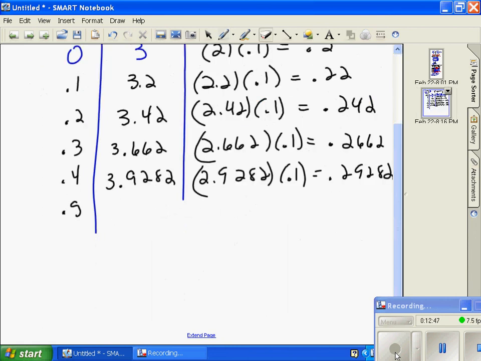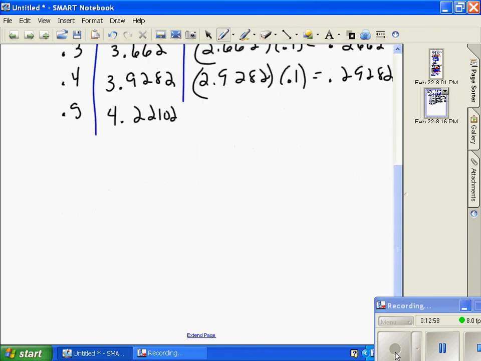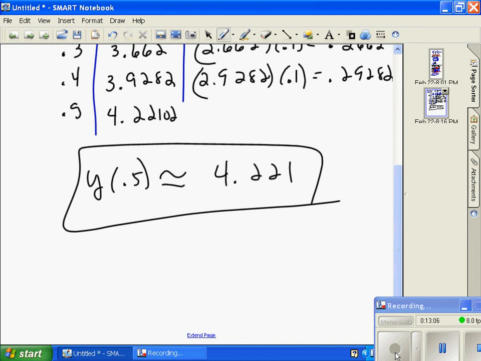So that one I stop there. So I can say that y of 0.5 is approximately 4.221, and we can just round that to the nearest 3 places past the decimal, since that's what we always need for the AP exam.